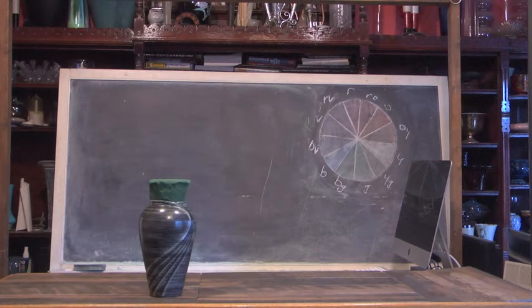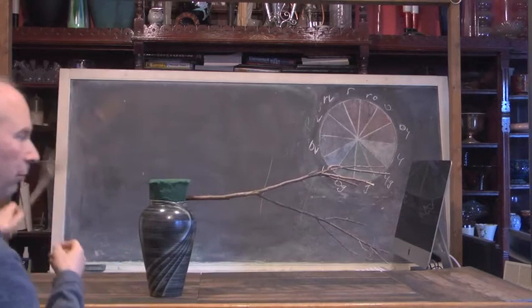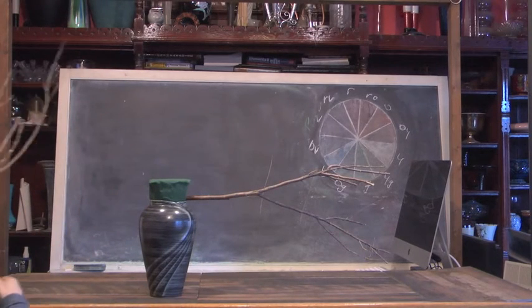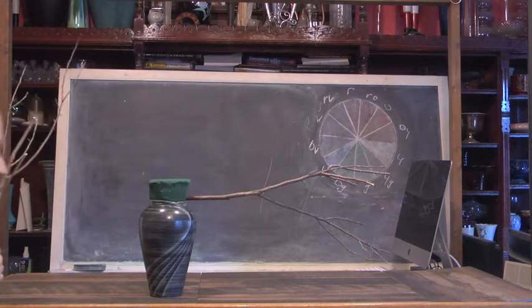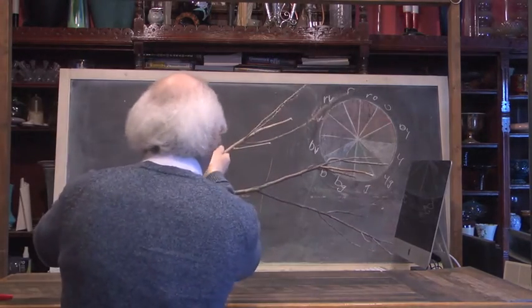For example, I'm going to start off on my design by taking some branchy stuff. I went down in my basement and I found some branchy stuff. And there are all kinds of branchy things out there that you can use. But obviously, branchy materials definitely have a certain kind of impact. They make a certain kind of visual statement.